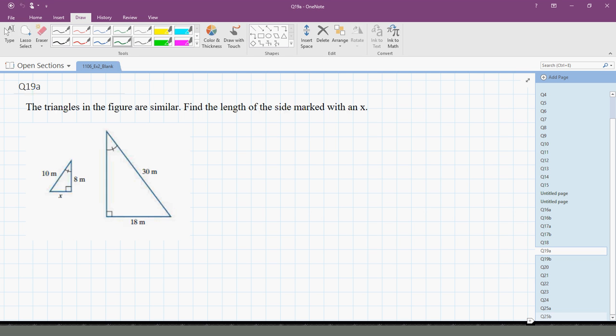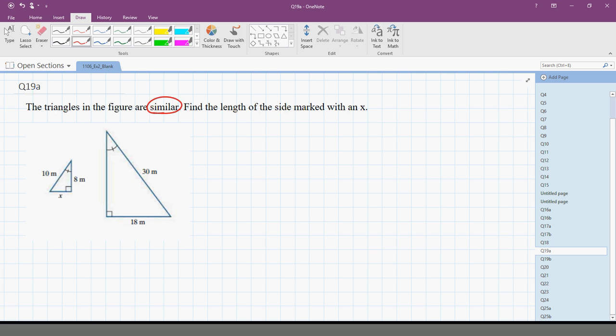Okay. So here I want to find the missing side, the side for x. And our triangles are similar, which is important to us, because without knowing that, we wouldn't be able to do anything on this. So since they're similar, that allows us to set up proportions. Because being similar triangles, remember, the sides have to be proportional to each other.